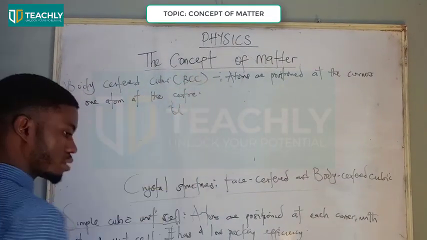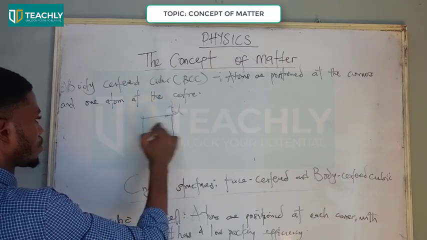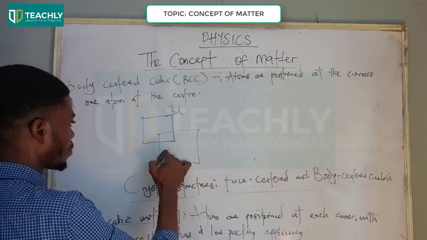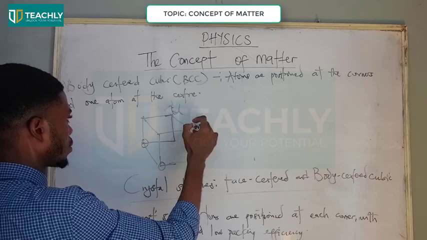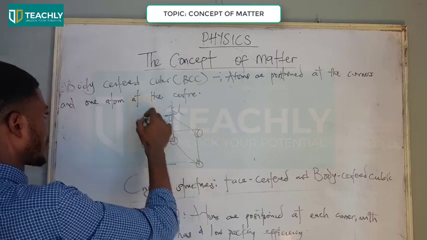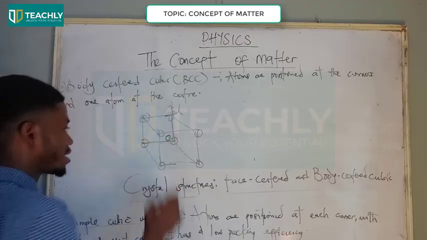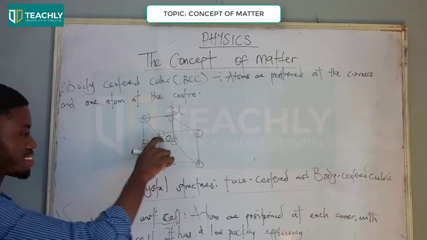This is just a basic definition. So how does this work? We have it like this, then one at the center. This is how it works. I hope you are following, with one at the center.